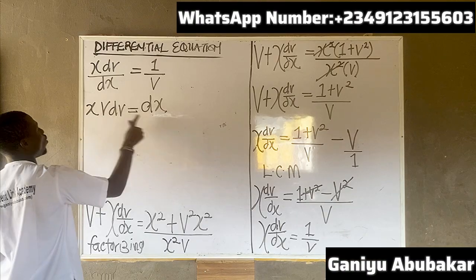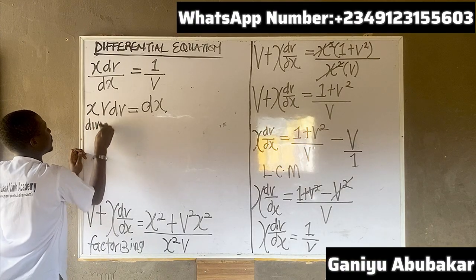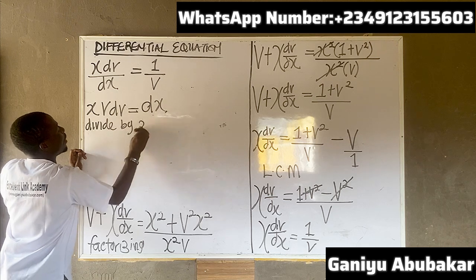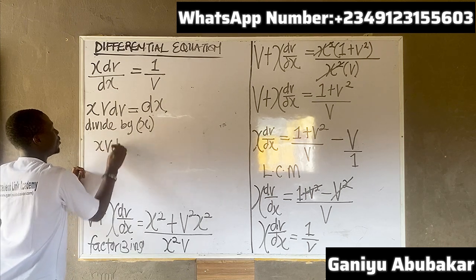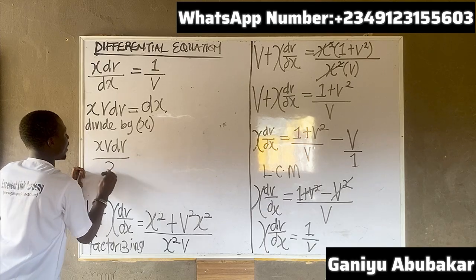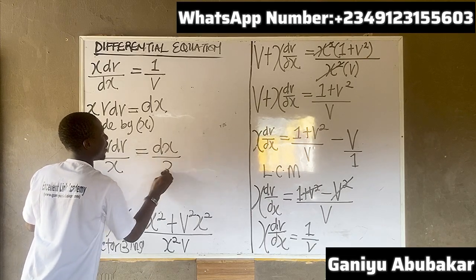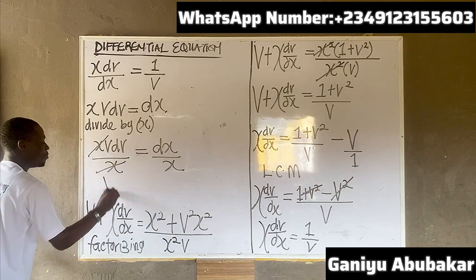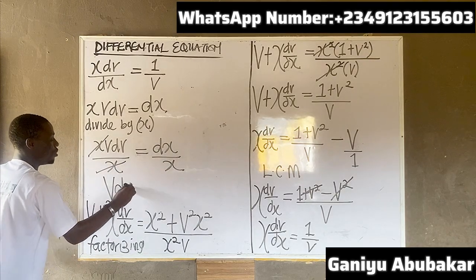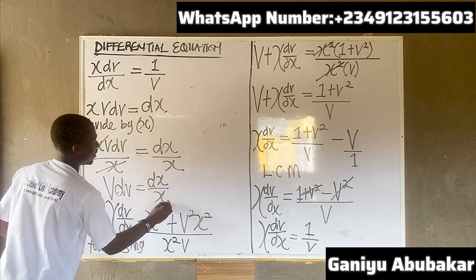So I want to make this x come here. So I divide by x at both sides. That gives you x v dv over x equals dx over x. Obviously, this cancels this. I have v dv equals dx over x left.